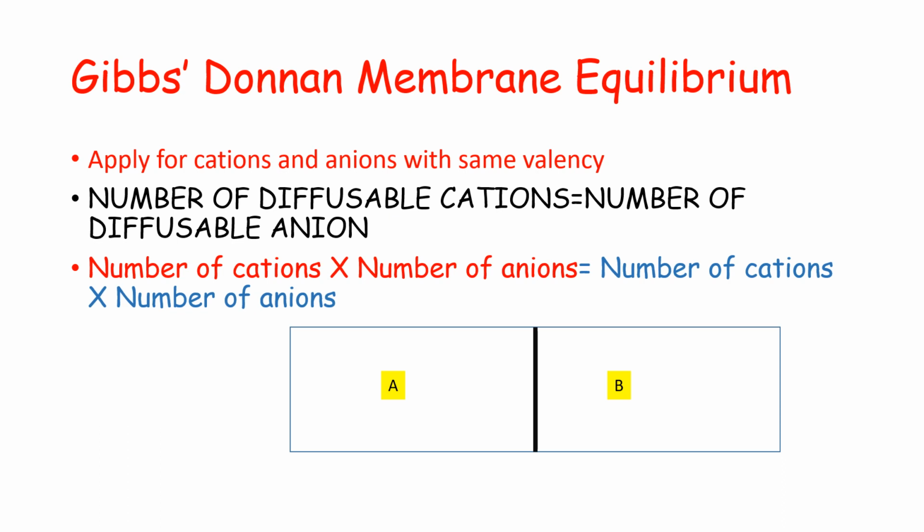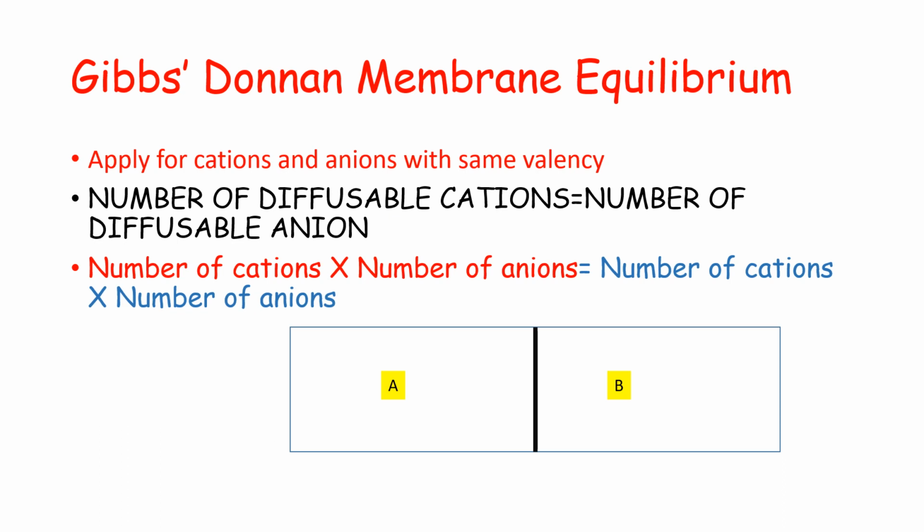If we have 5 cations, then we'll have 5 anions also, and both will be diffusible. This also applies to chamber B: the number of cations will be equal to the number of anions. This is the first statement. The second statement is that the number of cations and anions in chamber A will be equal to the number of cations and anions in chamber B.